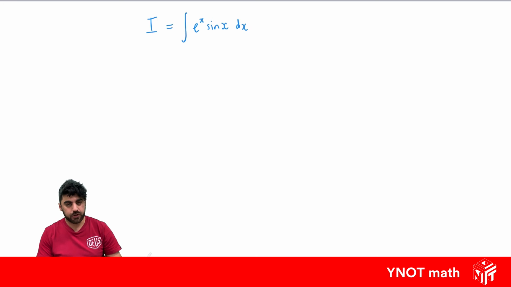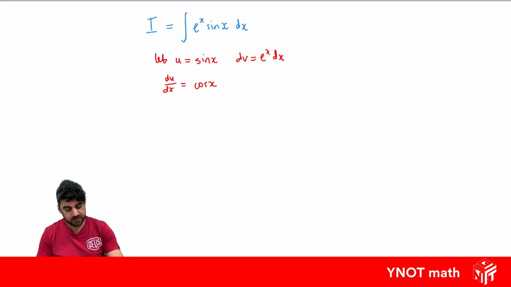Here we want to use integration by parts, and we want to let u equal sin x and dv equal e^x dx. So du/dx is just going to be cos x, and v is the integral here, which is just e^x.